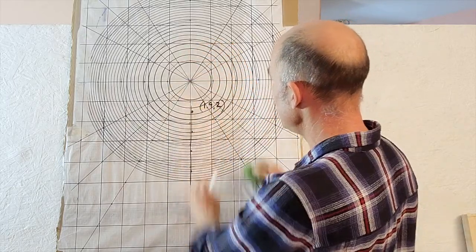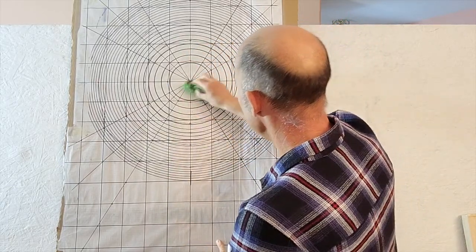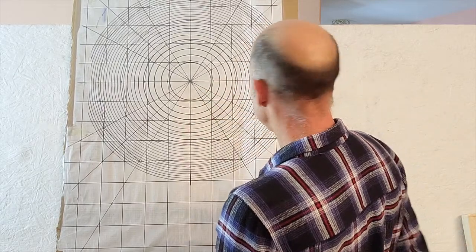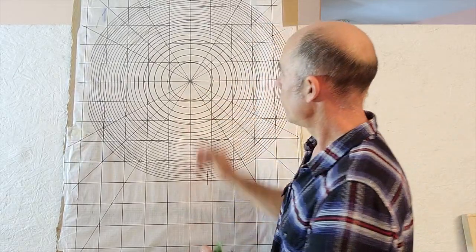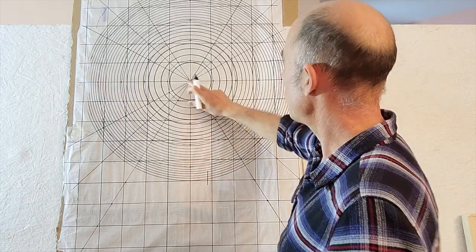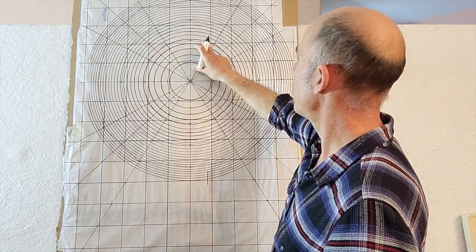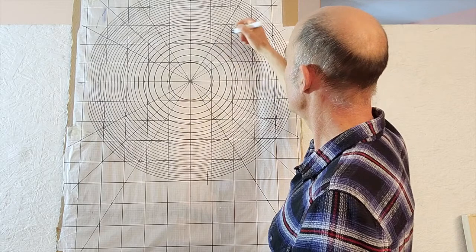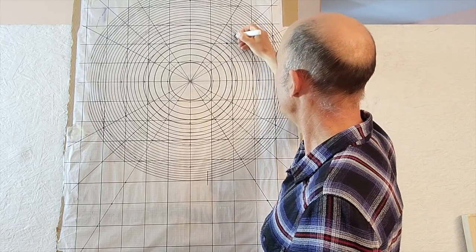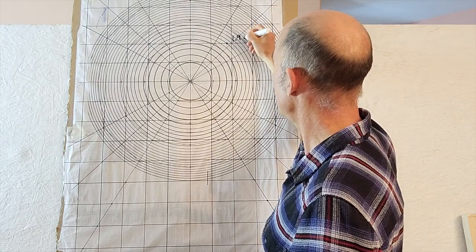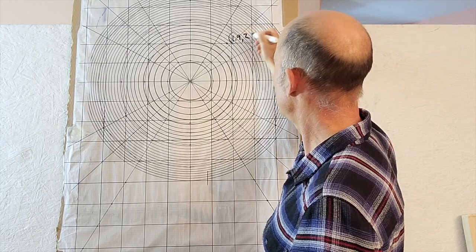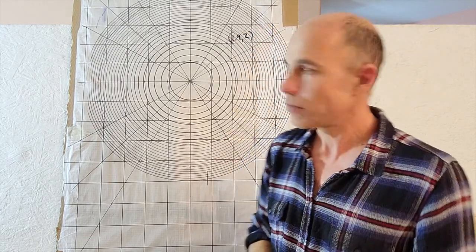So I'm going to erase this marking here and change it so that it's higher up. So again, we're going to go 1, 2, 3, 4, 5, 6, 7, and this point right here had the x coordinate of 1.9 and the y of 2.